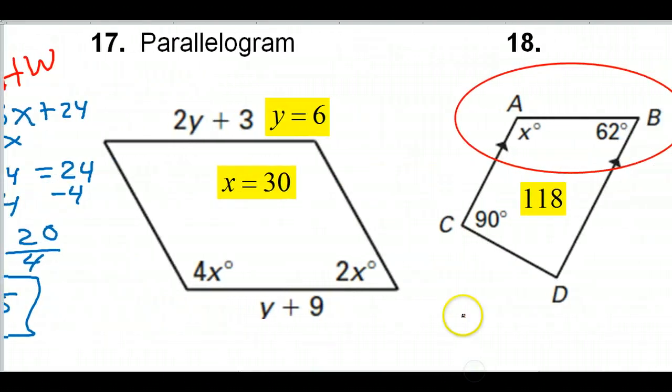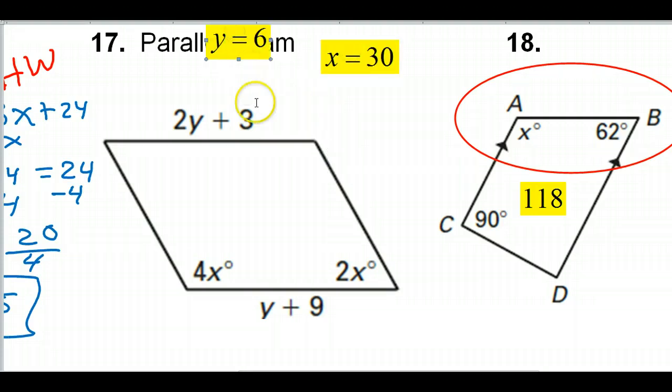Pretty good. Okay, looking at number 17. I'm just going to set these equal to each other. Let me move these answers out of the way for a second. As far as the y's go, let me do the x's first. Am I going to set these x's equal to each other? No, definitely not. What am I going to do with those x's? Right, supplementary.